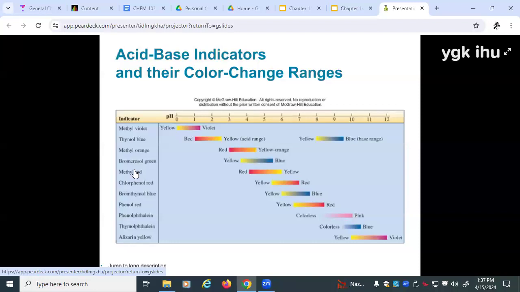To, this isn't the most wide variety, but there are actually a number of indicators that will mix multiples of these and give you basically a rainbow of colors. Ranging from red at the extreme acidity side to purple at the extreme basic side. And every color of the rainbow in between as you go from pH to pH.